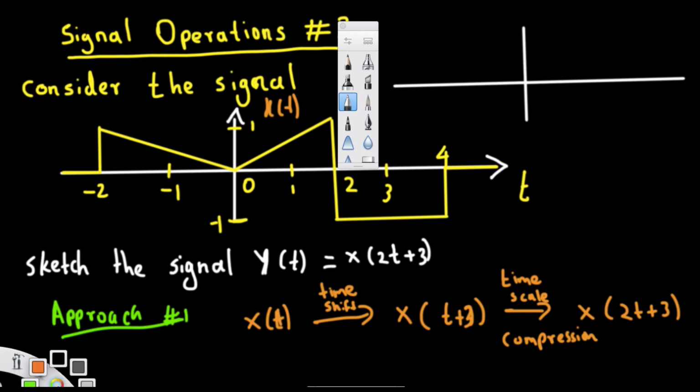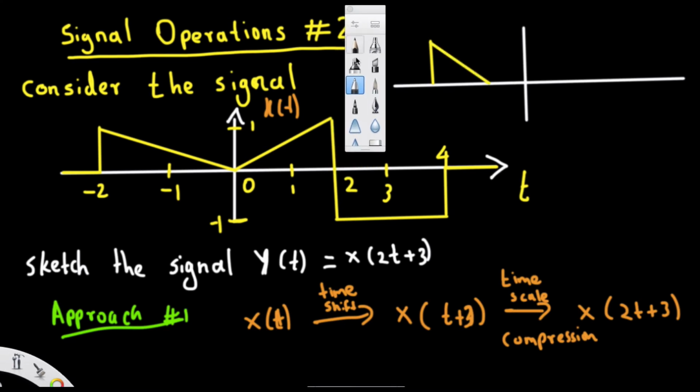We are gonna have this one starting at negative 5. I just draw the same graph, but this one starting at negative 5. And also if we add negative 3 to 0, it's gonna go to negative 3. And then if we add negative 3 to this 2, it's gonna go to negative 1.